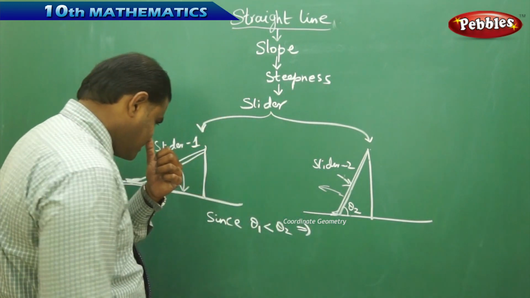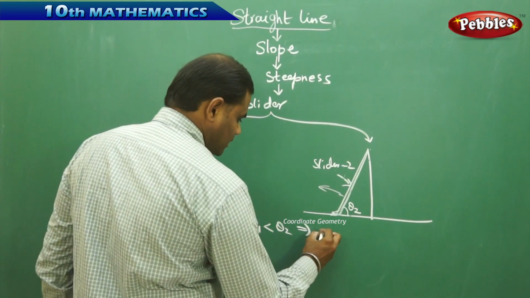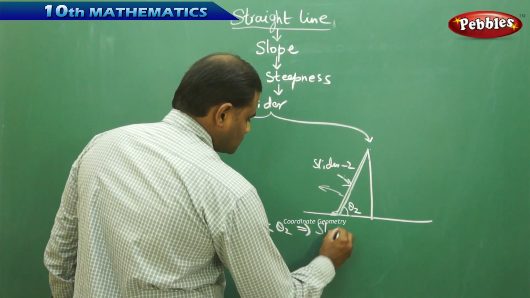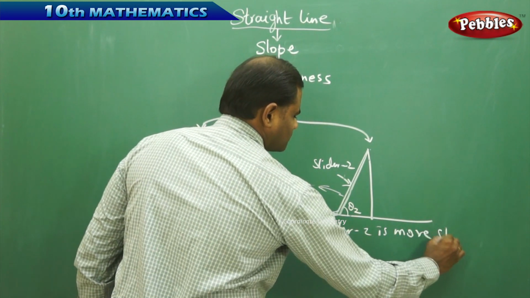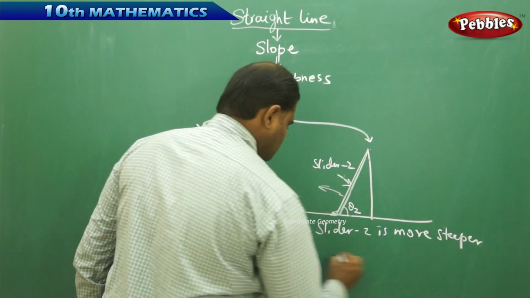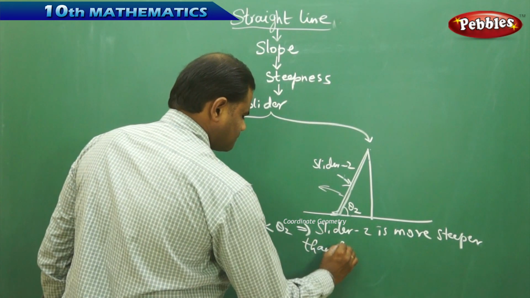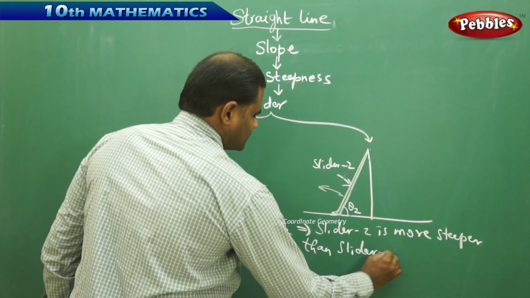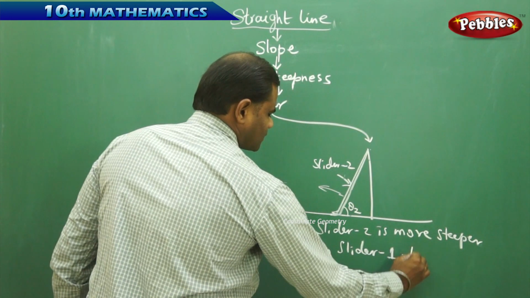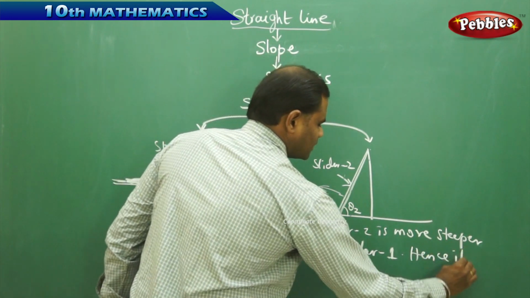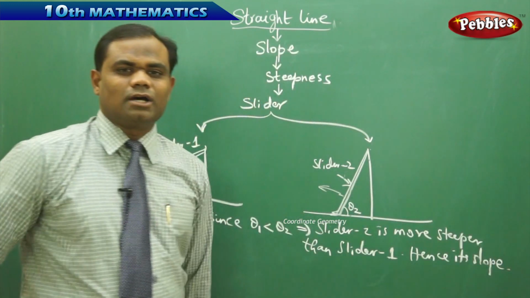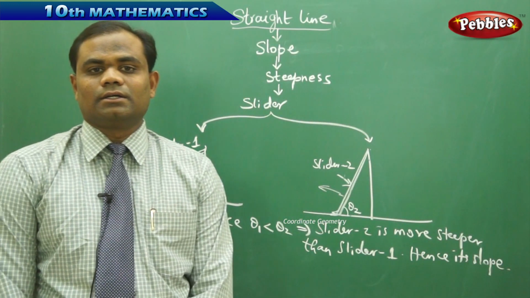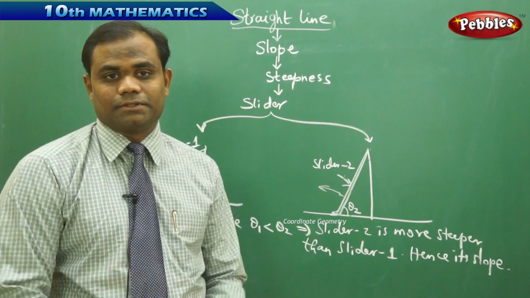So since here theta 1 is less than theta 2, it implies slider 2 is steeper than slider 1 and hence its slope is greater, is how we understand it in real life imagination.